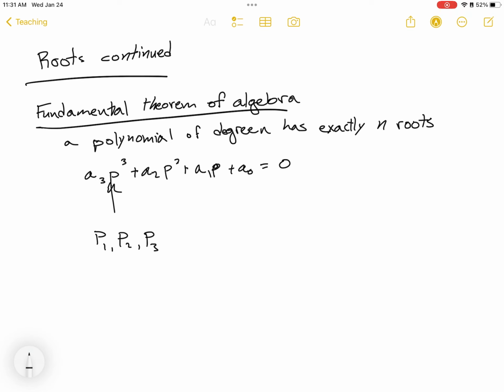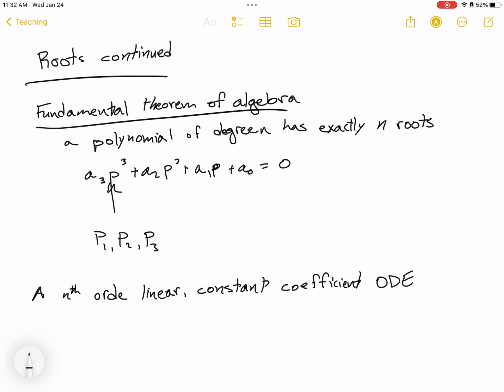We'll continue, so this is no longer talking about the fundamental theorem of algebra, but an nth order linear constant coefficient ODE will have a characteristic equation which is a polynomial in P, and it's the same order as the ODE.